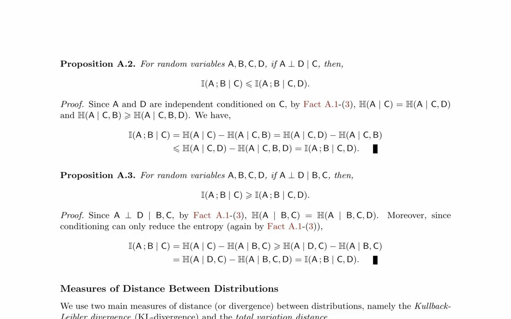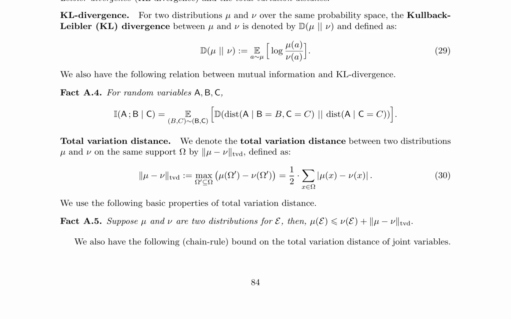The section also introduces two measures of distance between distributions: the Kullback-Leibler (KL) divergence and the total variation distance. The KL divergence between two distributions mu and nu is defined as D(mu || nu) equals the expectation over a drawn from mu of log(mu(a)/nu(a)), which measures the difference between the two distributions.